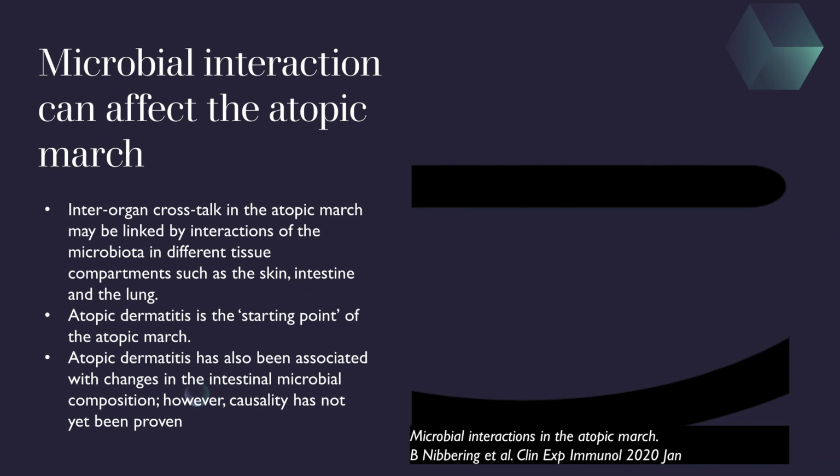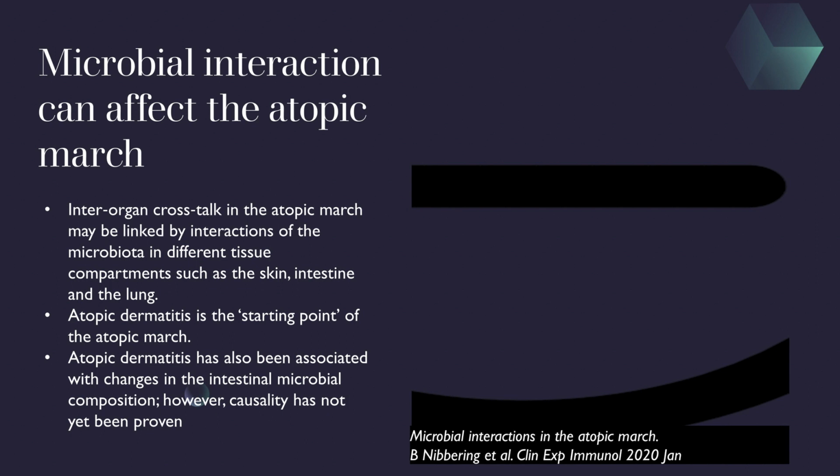Okay, so microbial interaction can affect the atopic march. If you don't treat the skin properly, it can have a crosstalk with the rest of the mucosa, particularly the gut, the throat, the nose, the airways, and that is basically your basis for the atopic march. We all know that the atopic march starts with the skin.